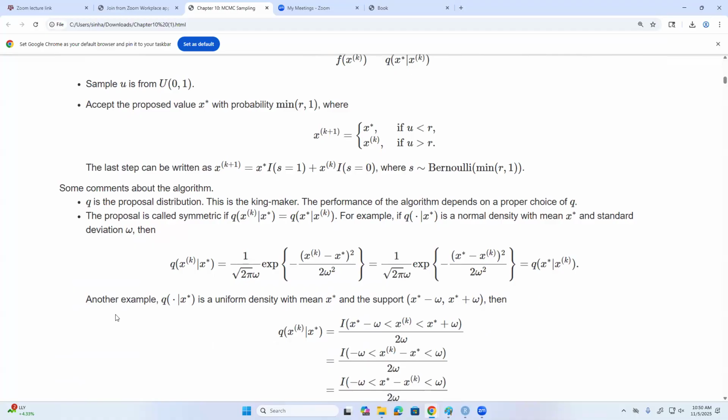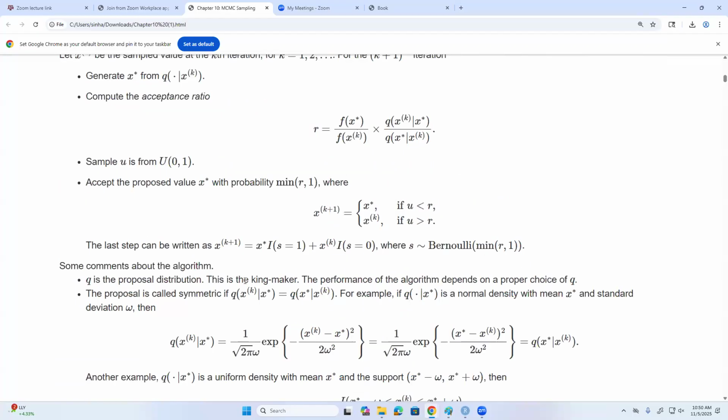Now there are different choices. The proposal is called symmetric if the conditional density of Xk given X star is the same as the conditional density of X star given Xk. If that happens, that is called a symmetric proposal.